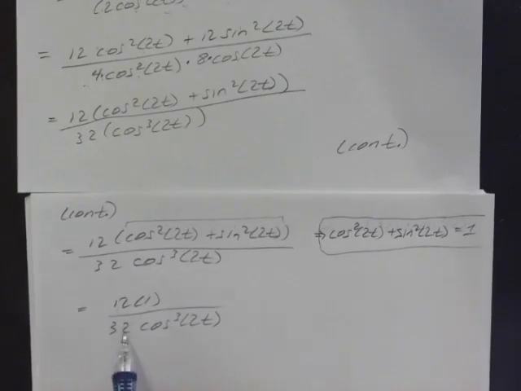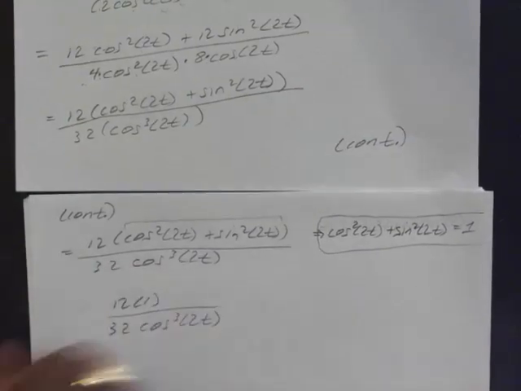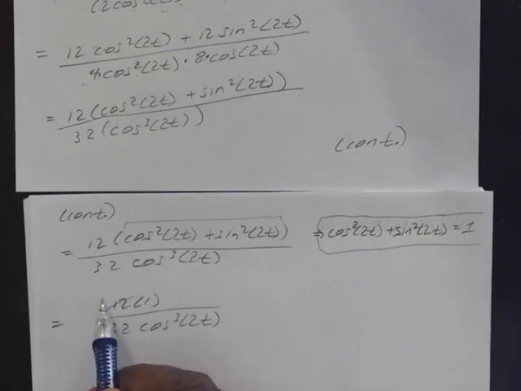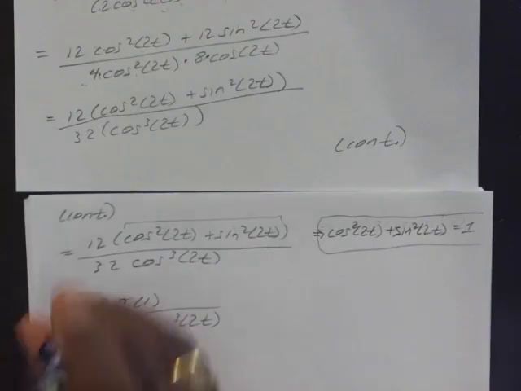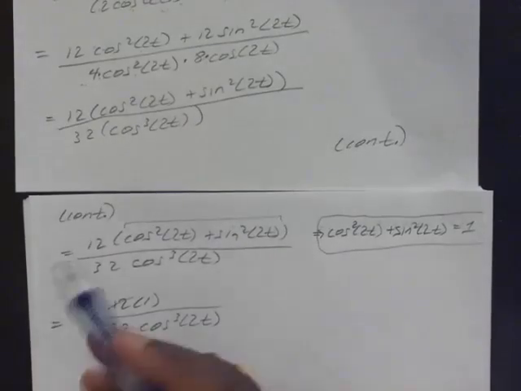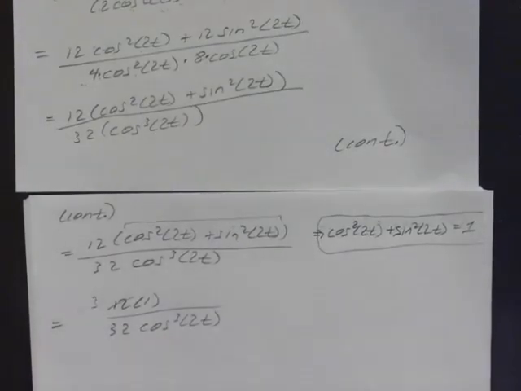Okay. Well, we can simplify that. We could have actually done that a while ago, but we'll do it now. 6 goes into 12 twice. Not 6. 4 goes into 12 3 times, because 6 doesn't go into 32, and 4 goes into 32 8 times.